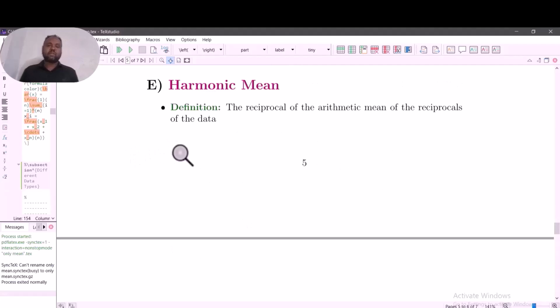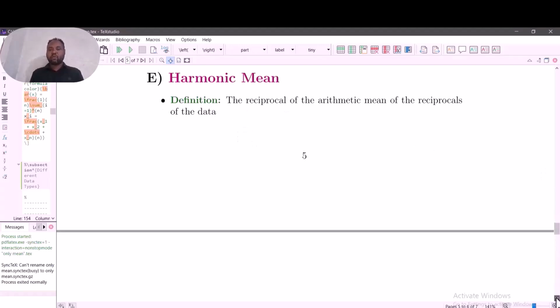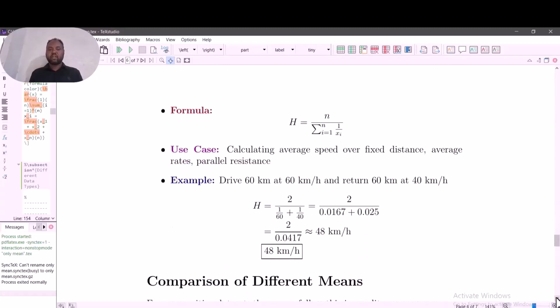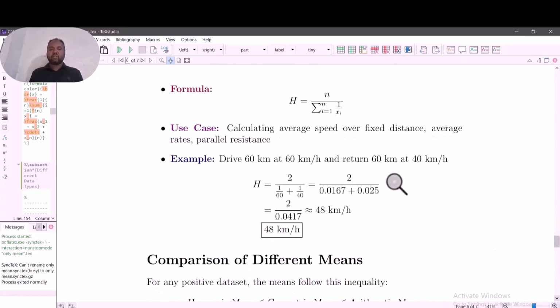Now let us see the harmonic mean. The harmonic mean is the reciprocal of the arithmetic mean of the reciprocals of the data. Mathematically, we compute it using this formula: n over the sum of the reciprocals of each individual value.